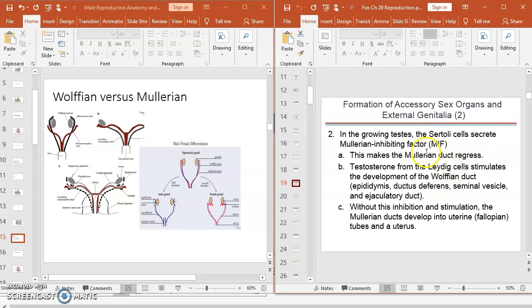To back off the female, you want the MIF. To progress the male development, you want testosterone. Testosterone is coming from the interstitial cells of Leydig, and MIF is coming from the Sertoli cells. And if you backed off the female, but you didn't have sufficient testosterone, you still would not develop all of these things that are located in the scrotal area.